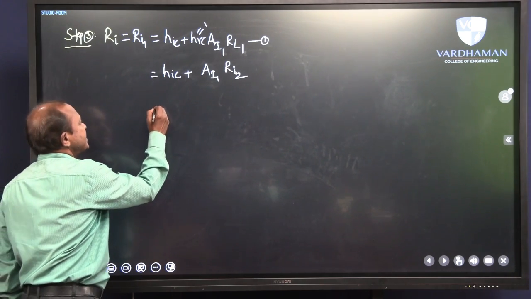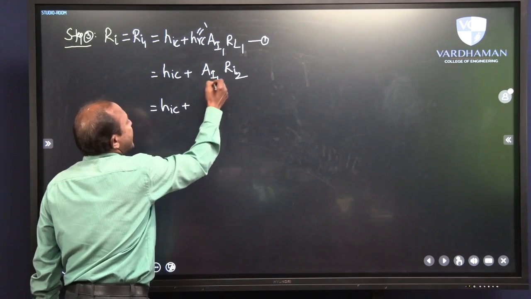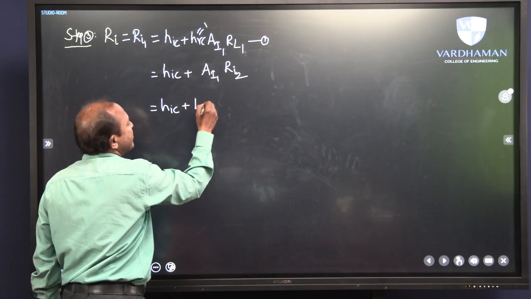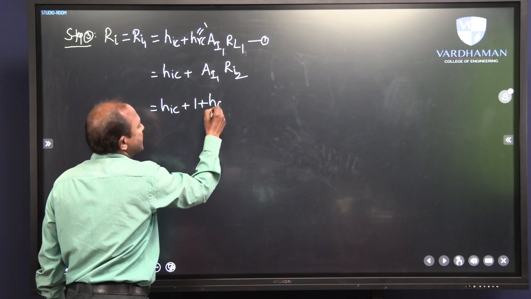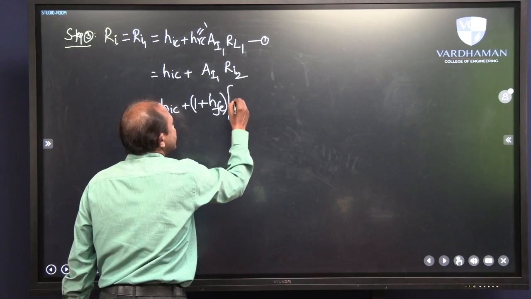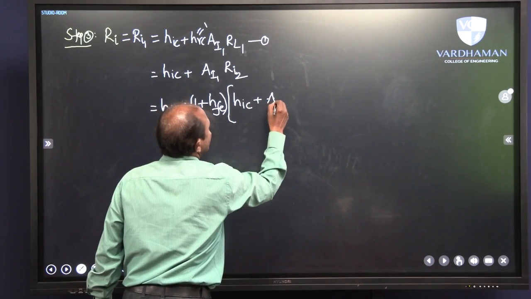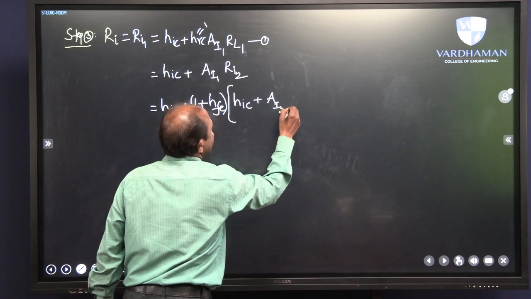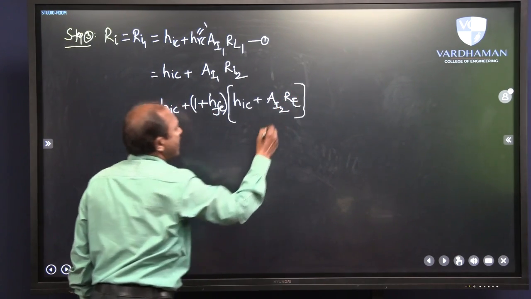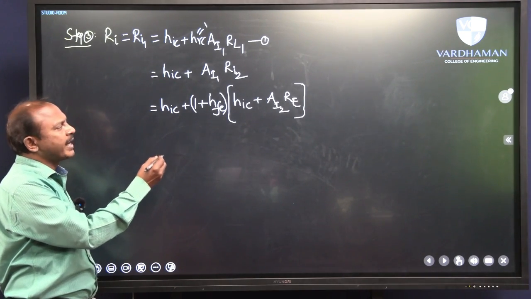So, we can rewrite this equation as hic plus, of course, AI1, which in the previous analysis we approximated as 1 plus hfe, into Ri2, which is nothing but hic plus AI2 RE. Ri2 value is hic, of course, plus hrc into AI2 RE.